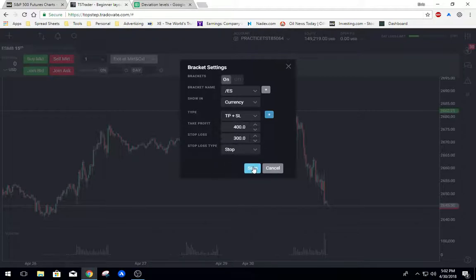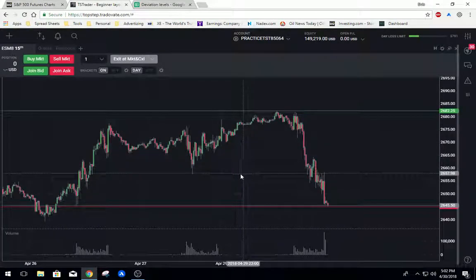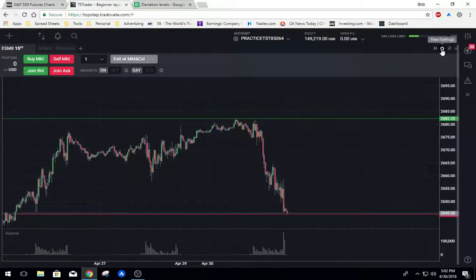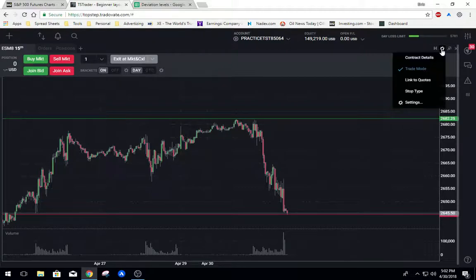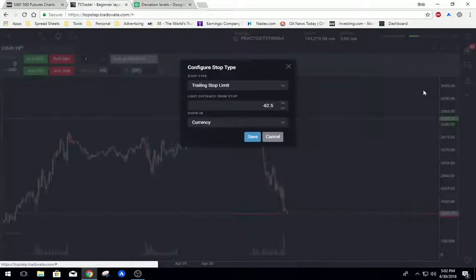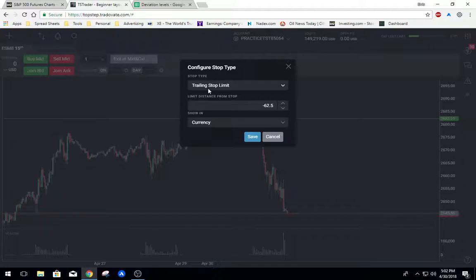So save that. Alright, so you go to the top of the chart, click on the gear icon, stop type. This is where you're setting your trailing stop limit, not trailing stop. It's a trailing stop limit. So we're using the limit distance from the stop at minus 62.5.